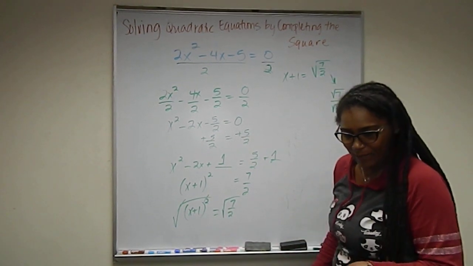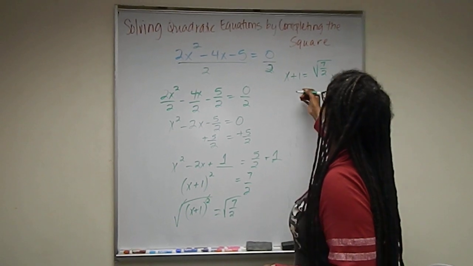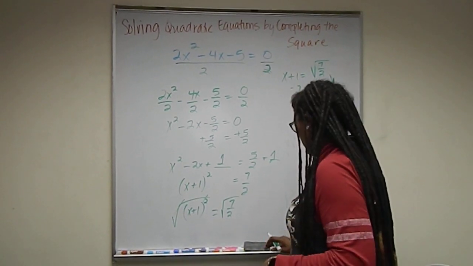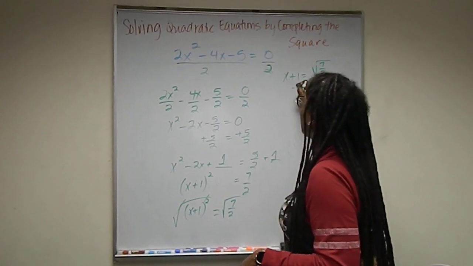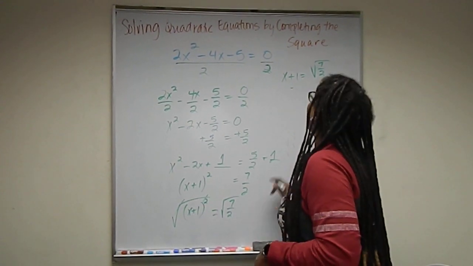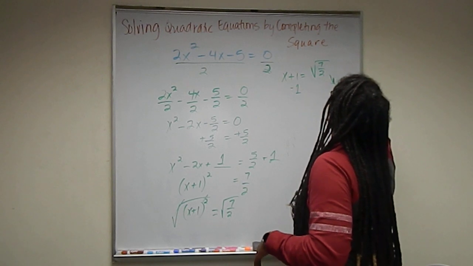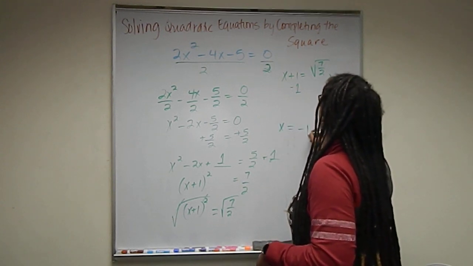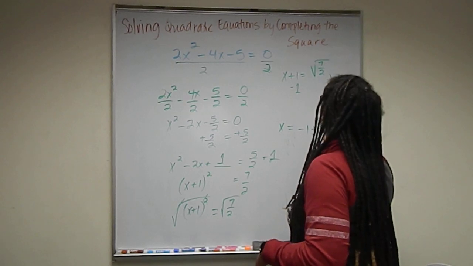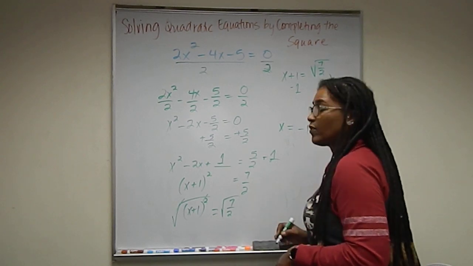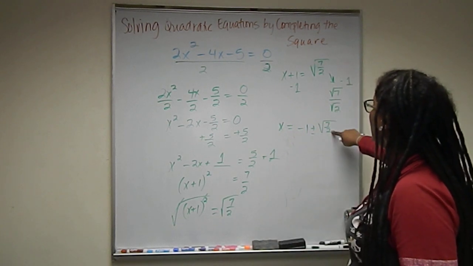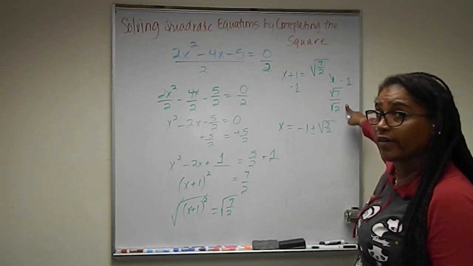This is just a reminder, we're going to subtract 1 from both sides. So now we have x is equal to negative 1 plus or minus the square root of 7 over 2. You're like, oh, I'm done. But again, remember I told you that this and this are the same thing.